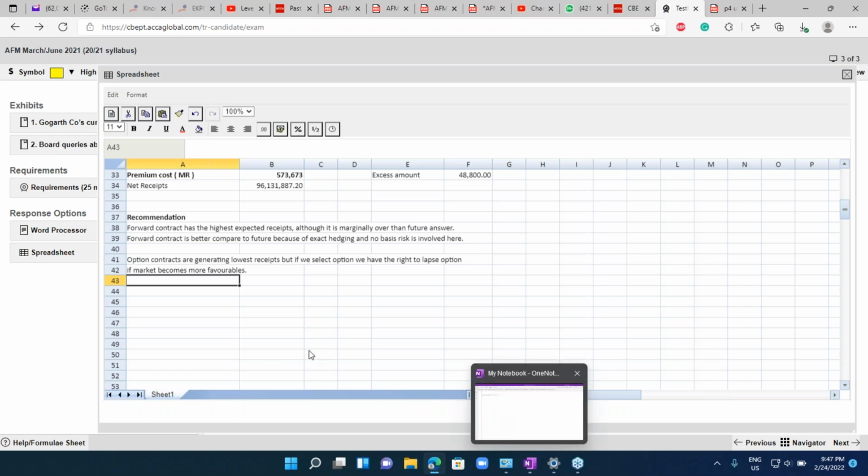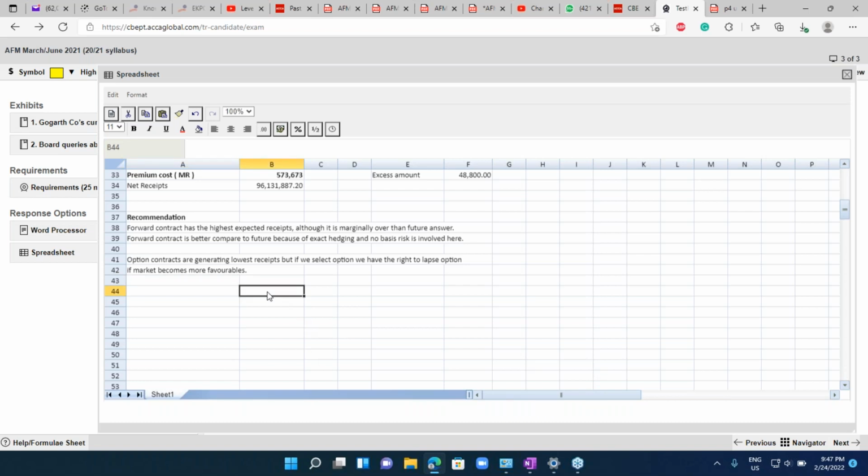Any other question, guys, from this part? If all is okay, we will be moving to the interest rate, interest rate risk management.